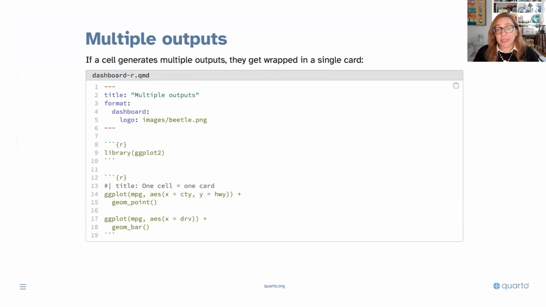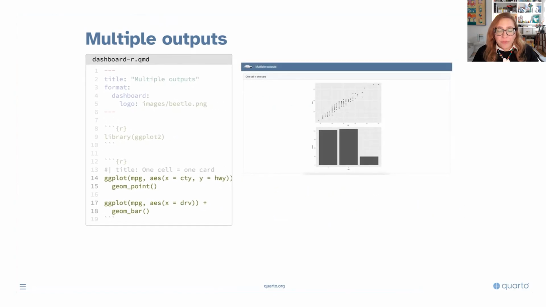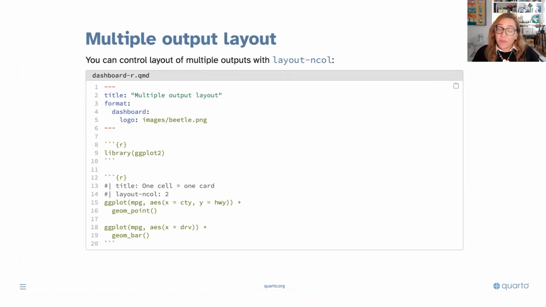If a cell generates multiple outputs, they are going to get wrapped in a single card. So let's take a look at this cell. I'm making a plot and then another plot as well. And both of these end up in a single card. If you want, you can further control the layout of these two plots.